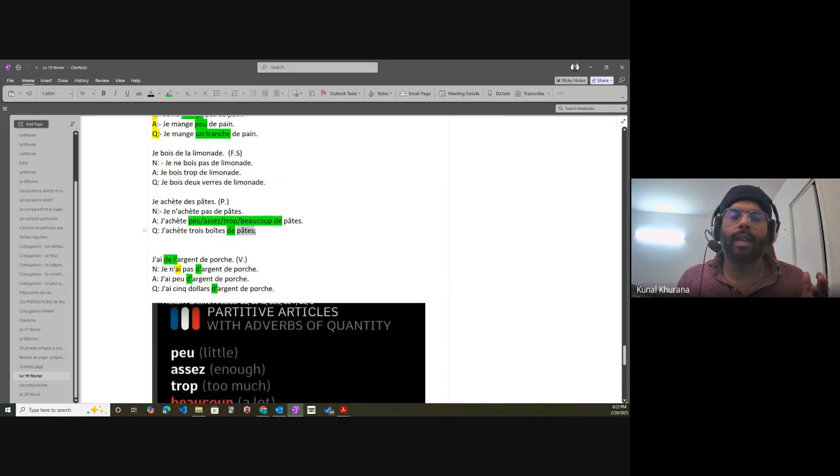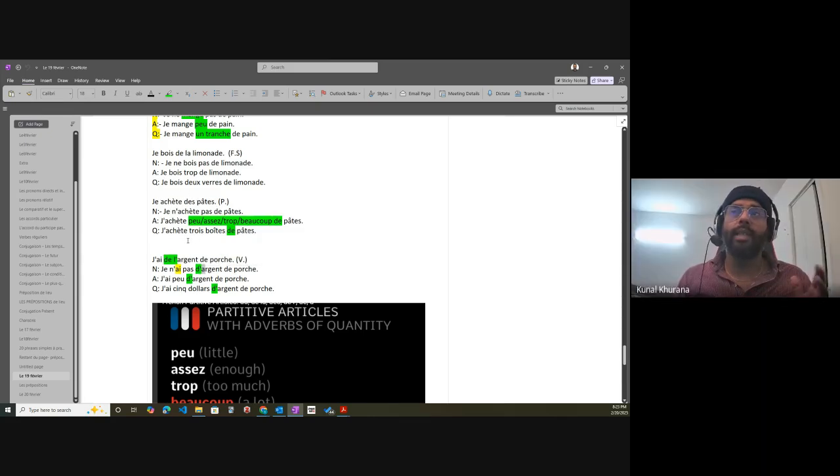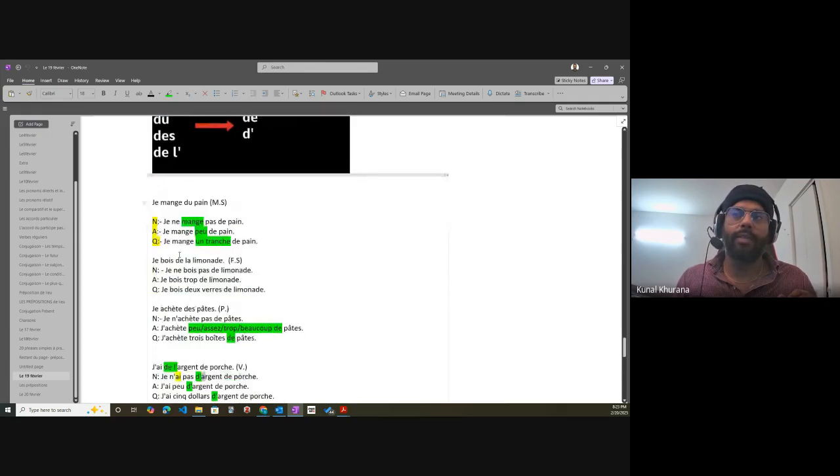When the noun, le nom, starts with a consonant, it has to be de. When it starts with a vowel, it has to be d apostrophe. So in these three cases the partitifs change, but generally we have partitifs when the quantity is not measurable.